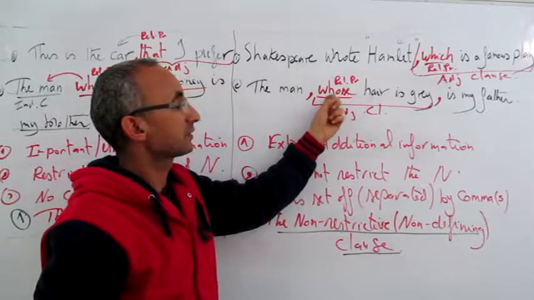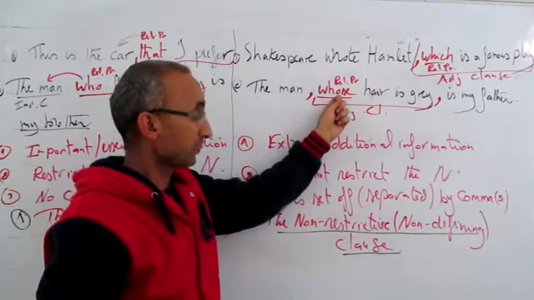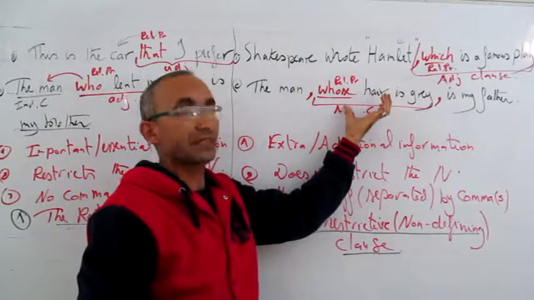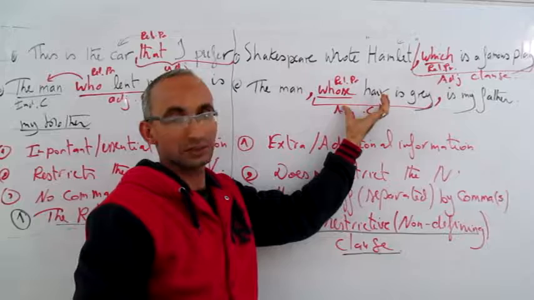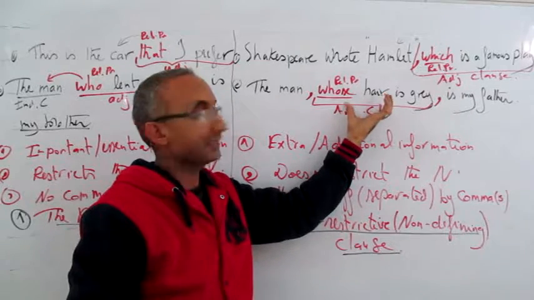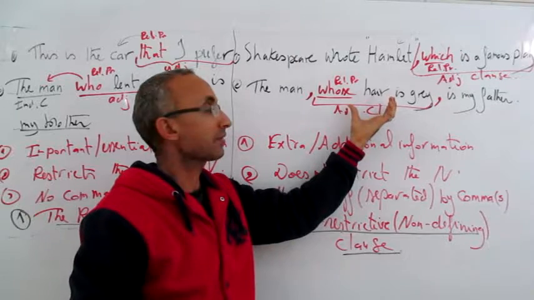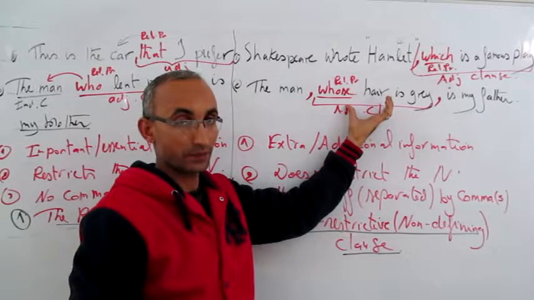Here, whose refers to a noun before it. But the quality of information it gives is not important or essential. Clear? It's only extra and additional.